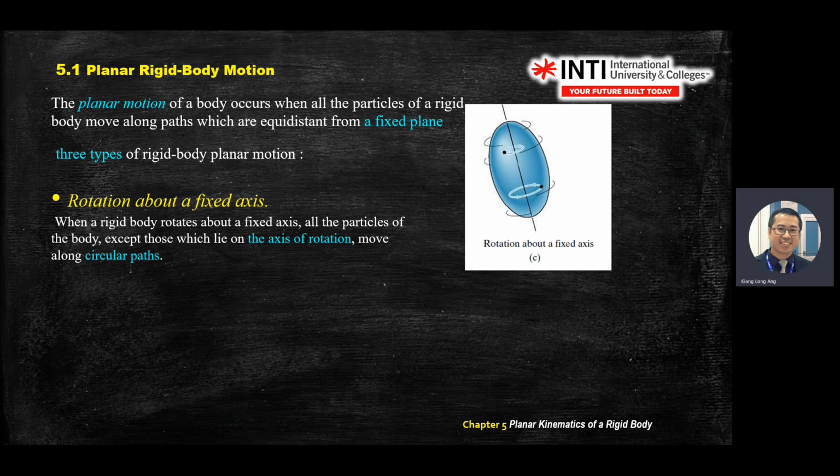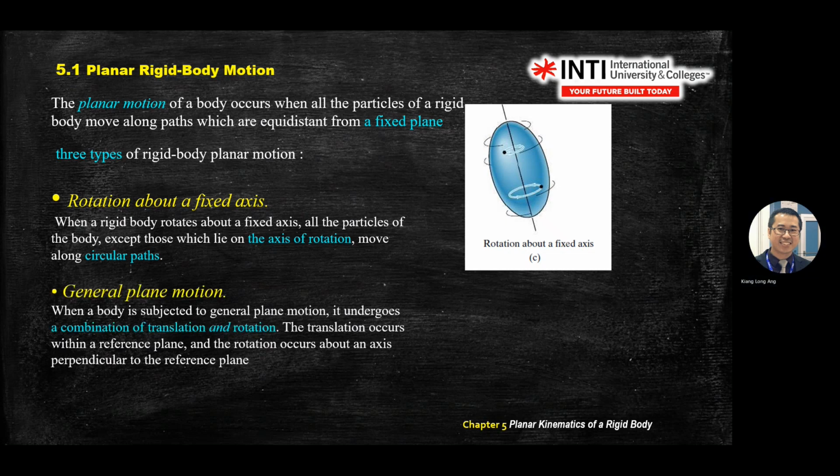You won't see this in chapters 1, 2, 3, 4. When you look at a particle, a particle is just a dot, so no matter how you spin it, it's still a dot. When you move into rigid body, you can see the whole body spin because of inertia. So this is a rotation on a fixed axis. This line is an axis, so it rotates.